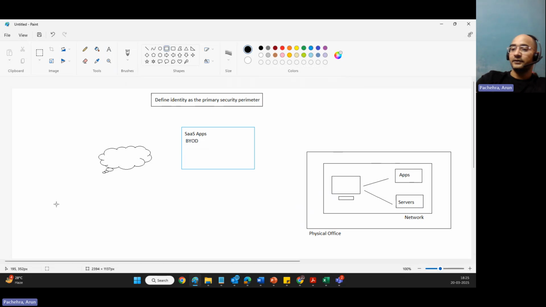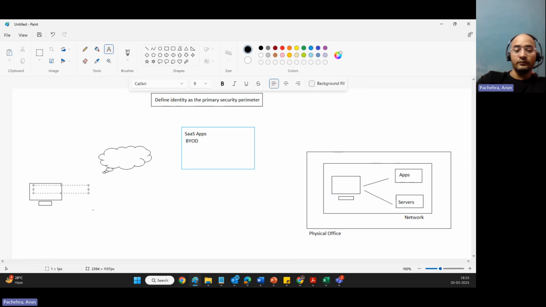Let's try to explain this. If you are sitting here and you try to access this application via the internet, as per the old way, you will not be allowed until there are specific exclusions or other things in place. But usually everything is inside. Everybody was going to the office, but now we are working from home.